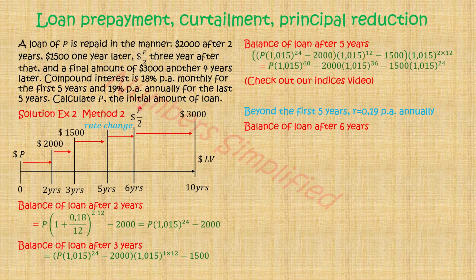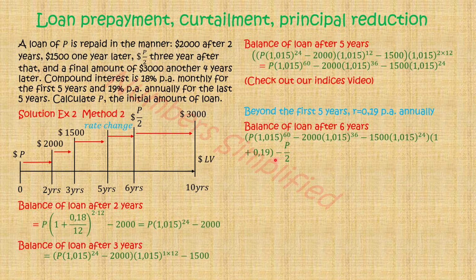Now that payment is being made on a balance that we obtained in the previous step times 1 plus 0.19, because from the end of the 5th year to the 6th year, the balance that is left is the one that we obtained from the previous step times the interest that is accrued for 1 year, which is given by 1 plus 0.19.